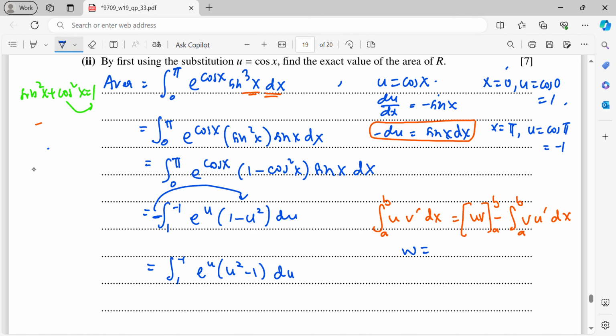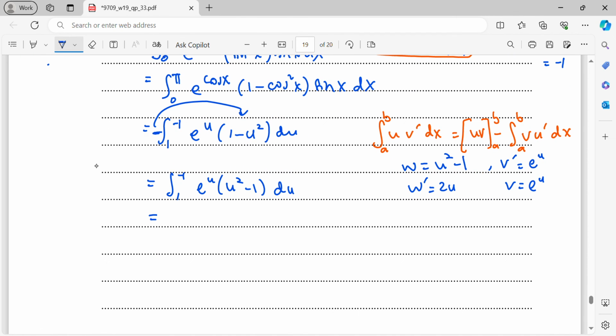So let w be u squared minus 1. So my w prime is 2u, and then my v prime is e^u. My v is e^u, because when you integrate e^u, it is still e^u. So now I will be getting wv, so (u squared minus 1) times e^u with limits 1 to minus 1, then minus the integral of v w prime.